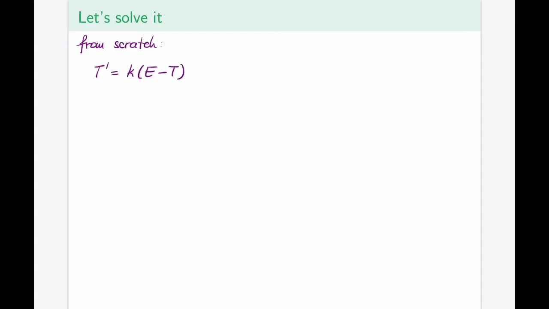And what I'm going to do, if you recall, is I'm going to want to rewrite this fully in terms of one variable that I'm going to call z. So here, z is equal to E minus T, and then I'm going to take a derivative of this equation. So z prime ends up being what?